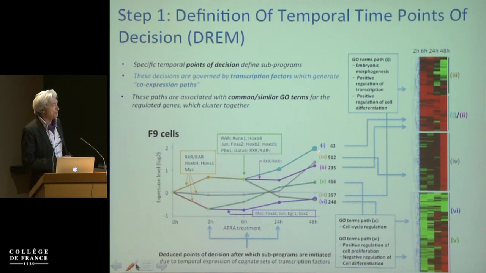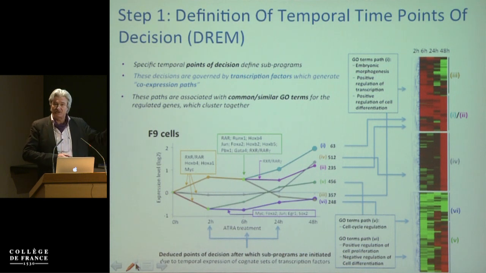Because when you compare the various paths generated by this DRAM and the corresponding transcription regulators, and you go into a clustering process to see what gene ontology terms are related to these various clusters, you see that there are different types of functionalities which show up. For example, pathway 5 is highly related to regulation of cell cycle progression.